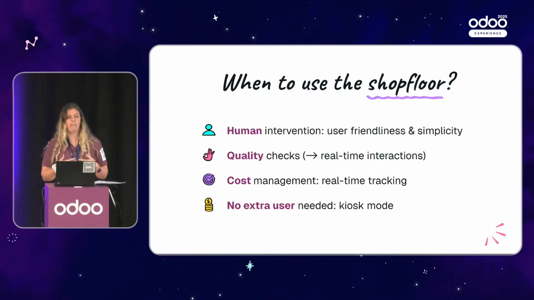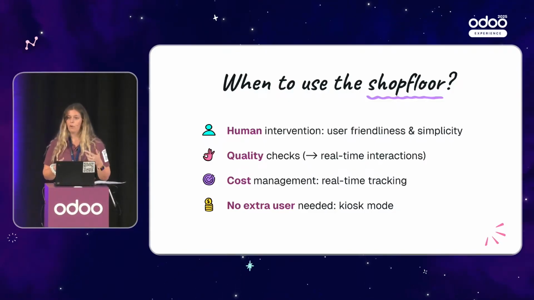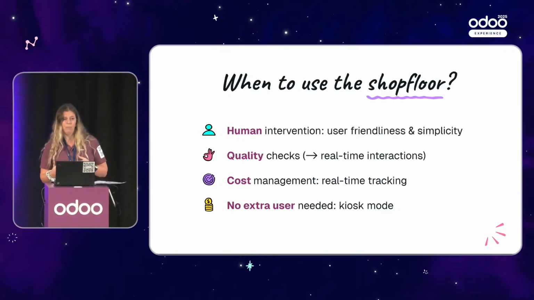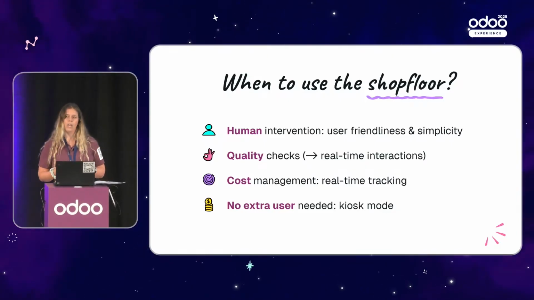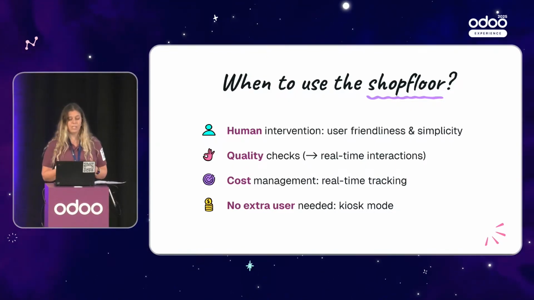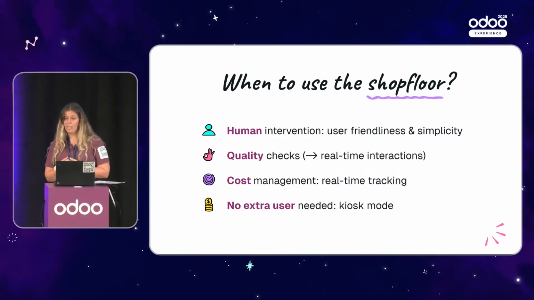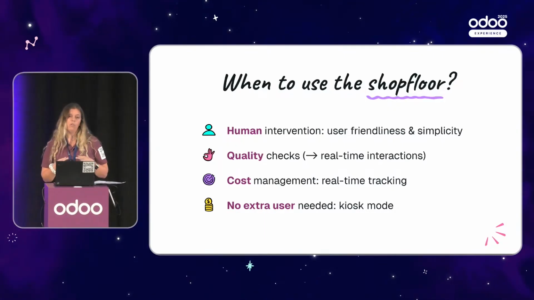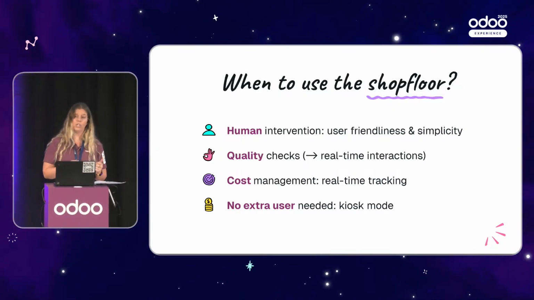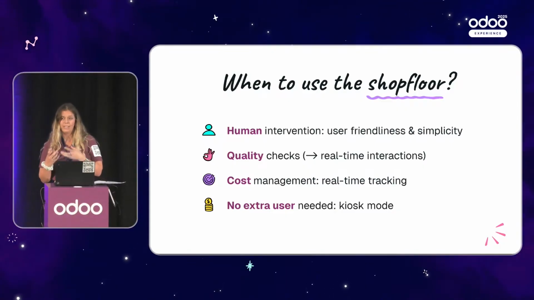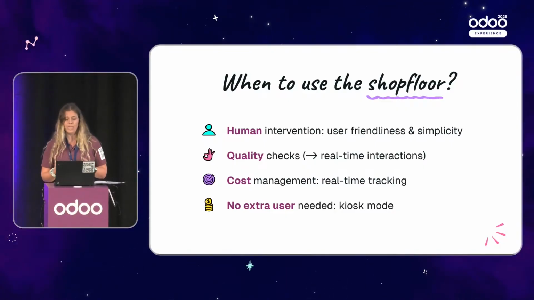Also, when real-time interactions are needed, for example, for quality checks, printing out labels, and other barcodes with components and so on. But also for cost management reasons. So when you want not only to know the cost of your components, but also know the cost of the actual production, so the time spent by your employees.